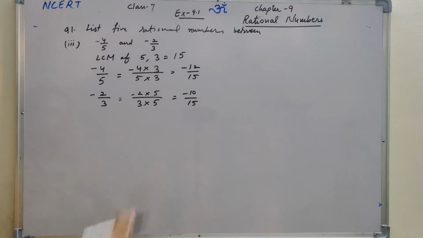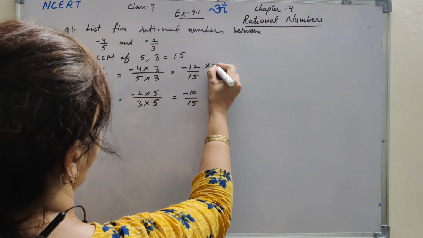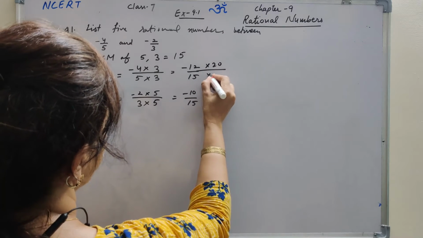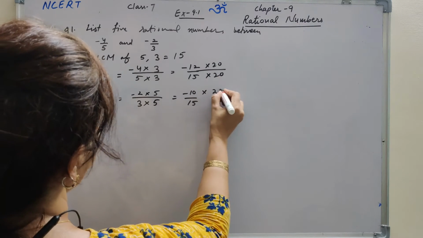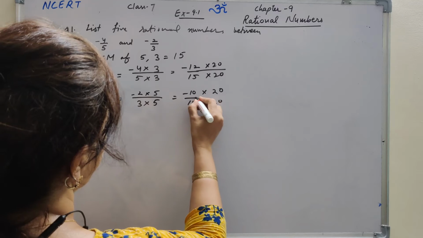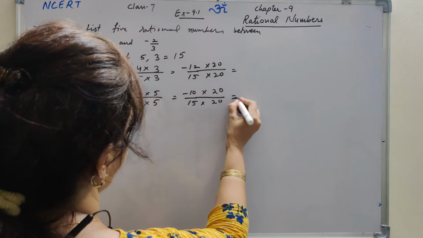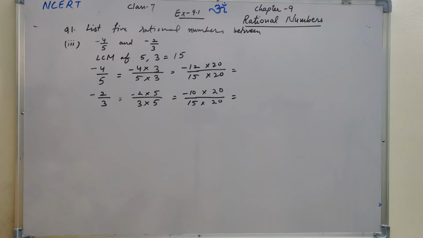As you can see, in minus 12 by 15 and minus 10 by 15, minus 11 by 15 is the only rational number which is lying between. But I need to write down 5 rational numbers, so that means I have to increase my range, which I can do by multiplying. You can multiply by 20 also. It's not necessary to always we will do by 10. We have to increase the range, that's why we are changing them into another equivalent rational number.